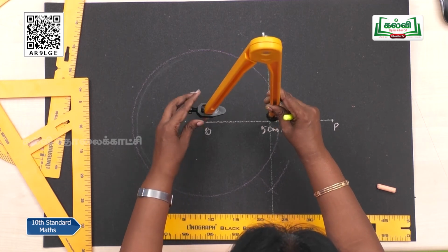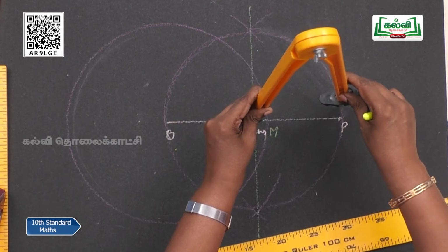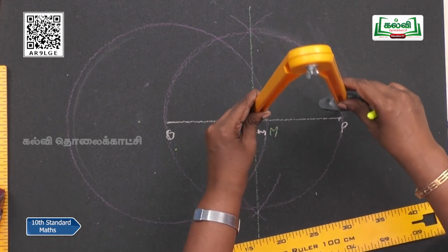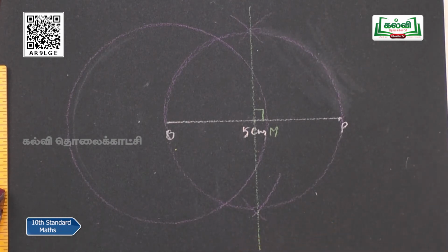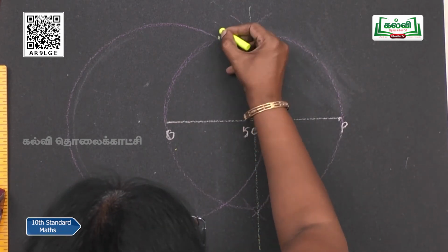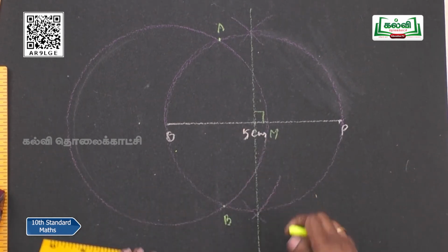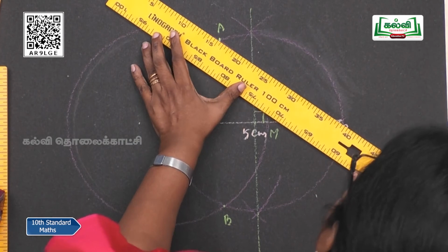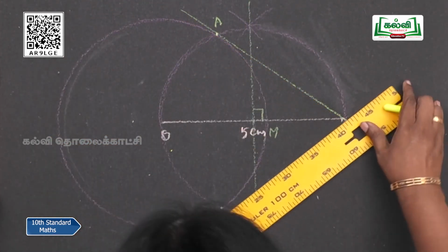You are going to construct another circle. We have finished drawing the second circle also. Now we will see both the circles will meet at points A and B. We are going to join PA and PB.